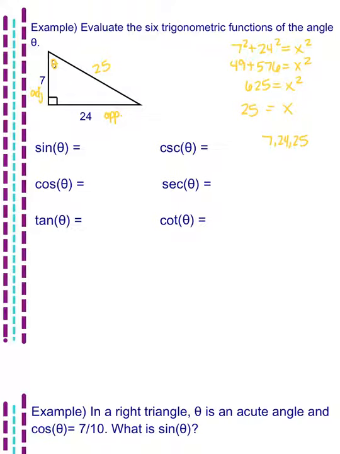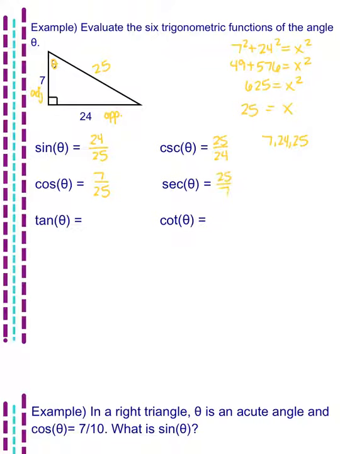Just a side note. So now when I'm doing sine, sine is going to be the opposite over the hypotenuse. So sine of the angle theta is 24/25, meaning cosecant is 25/24. Cosine is the adjacent over the hypotenuse, so I get 7/25. And then secant, therefore, is 25/7.